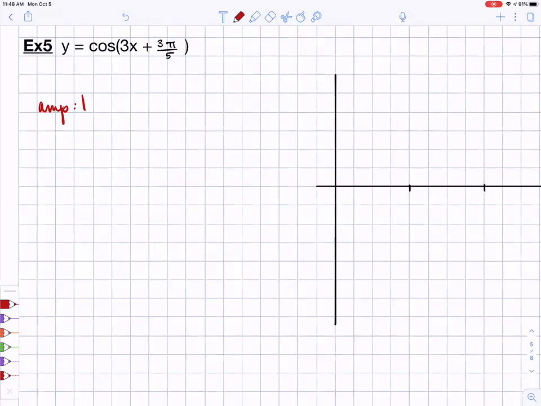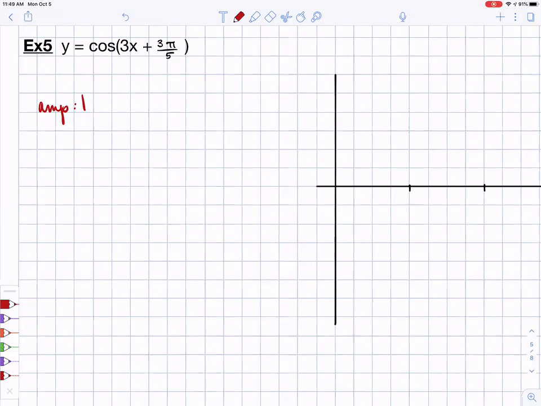Do you see how on the standard equation, that b value is factored out? Here, my b value is not factored out. Now, that won't affect the period when you go to find it, but I want you to just think in your mind, if you hadn't considered this, what would you have said was your phase shift? 3 pi over 5 to the left, right? Okay, so keep that in mind, all right?